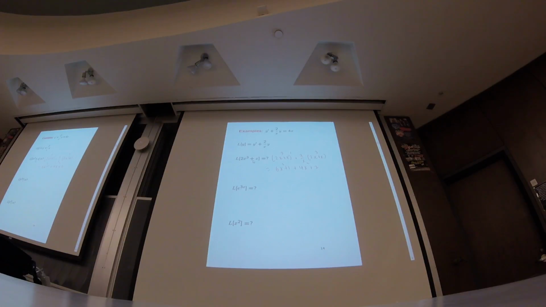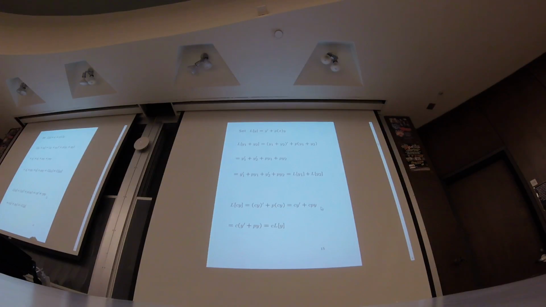So L took this function to this function. What is L of e to the 3x? It's the derivative of e to the 3x, plus 2 over x times e to the 3x, which is 3e to the 3x plus 2e to the 3x divided by x. L of this is this, and so on.